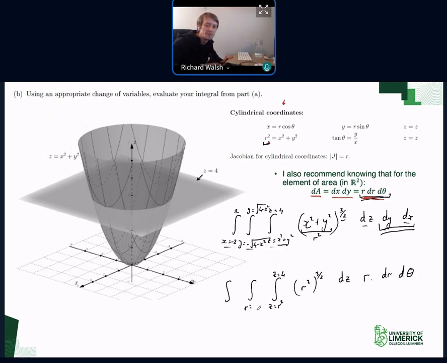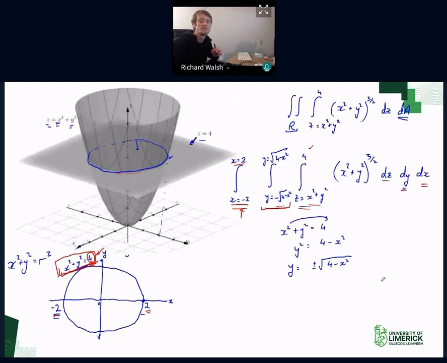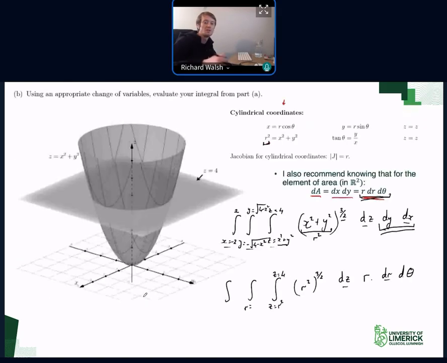The next one has to be, so dz taken care of, dr, so the next limits have to be r. R is your distance from the origin, which is between 0 and 2. You go back, distance from the origin, 0 to 2. That would be my r limits.